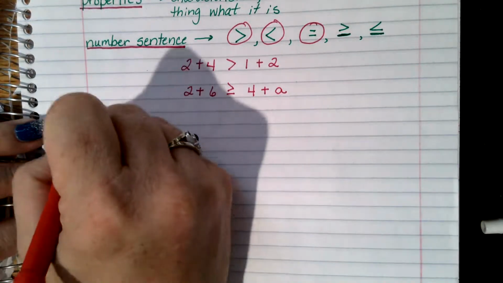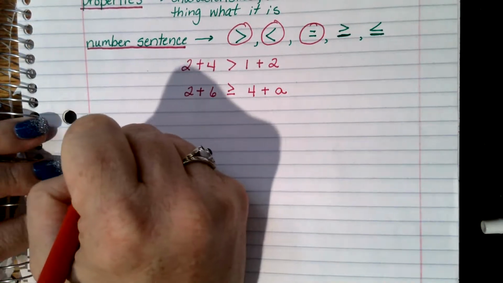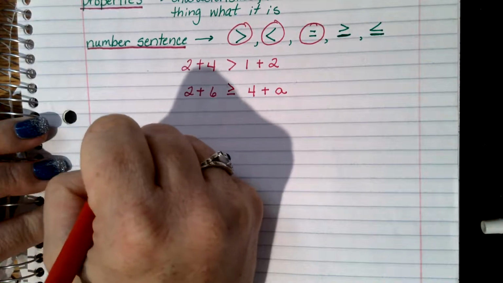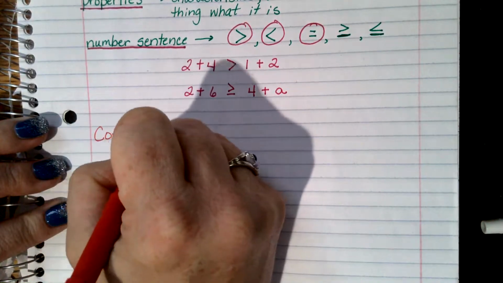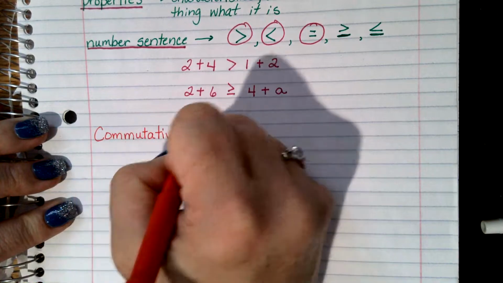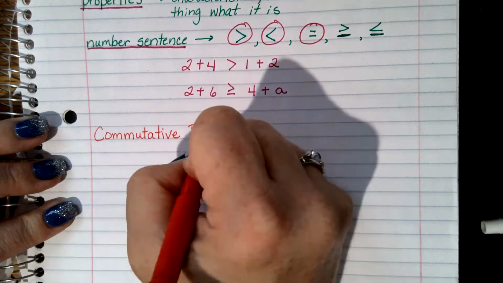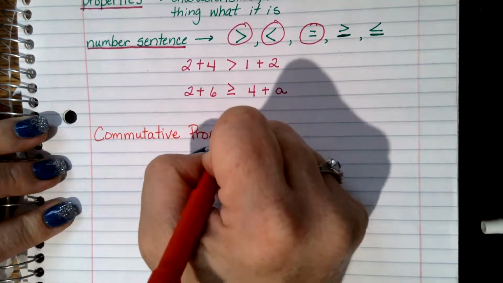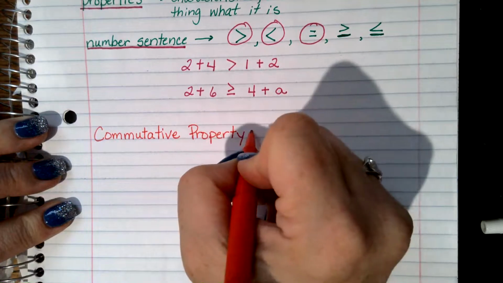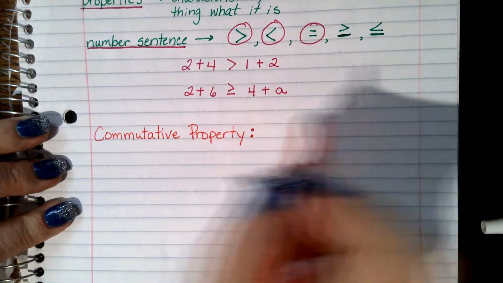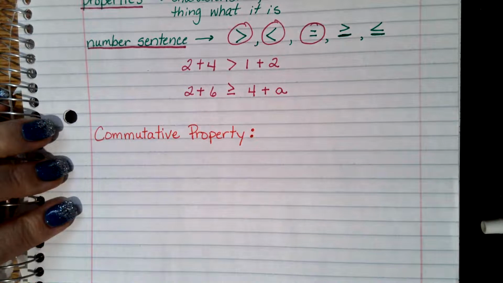So let's talk about commutative. Commutative property. Now, there is a commutative property for multiplication, but we're going to look specifically at addition.